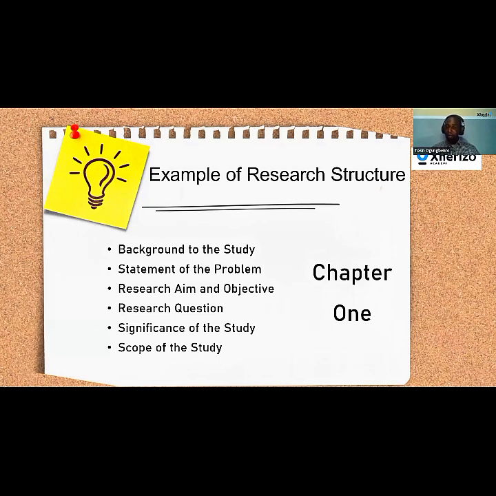Research question is always there. They can call it significance of the study or justification of the study. Scope of the study too is important. In some instances, there might be definition of terms, the definition of key terms. But these are consistent no matter what the school is.